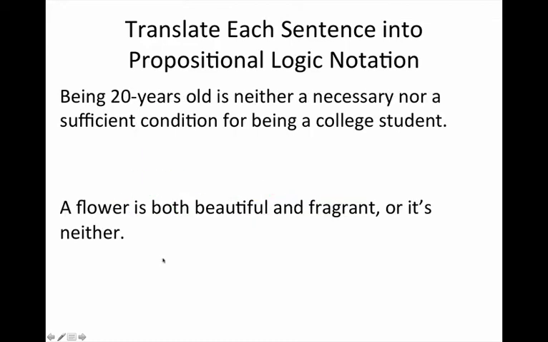All right, next, being 20 years old is neither a necessary nor a sufficient condition for being a college student. Now, this is pretty complicated. Let's break this down. All right, first, let's talk about our simple sentences. We've got being 20 years old, and then we have being a college student. So we could say C for a college student, T for 20 years old.